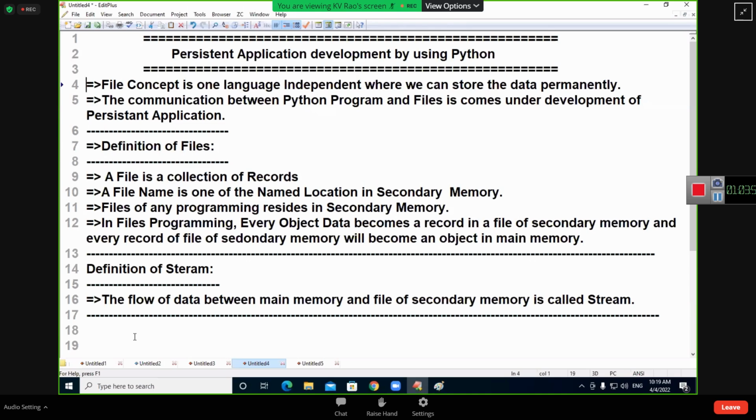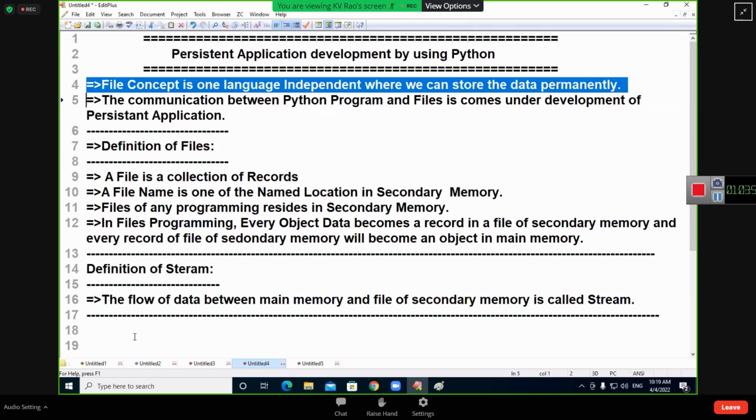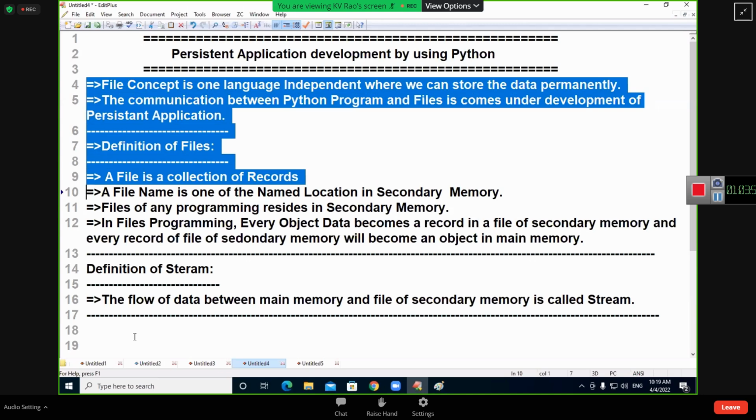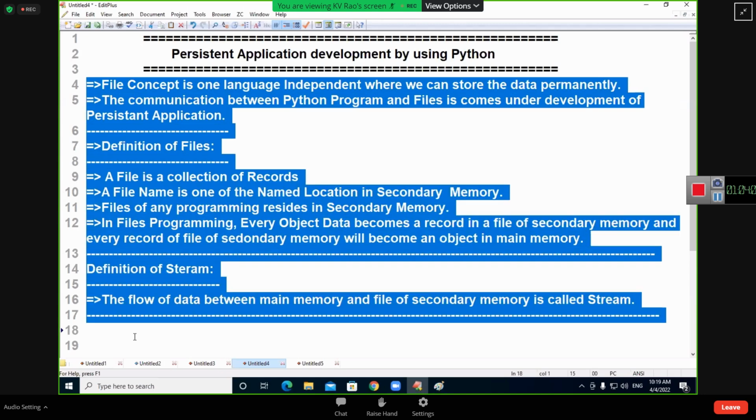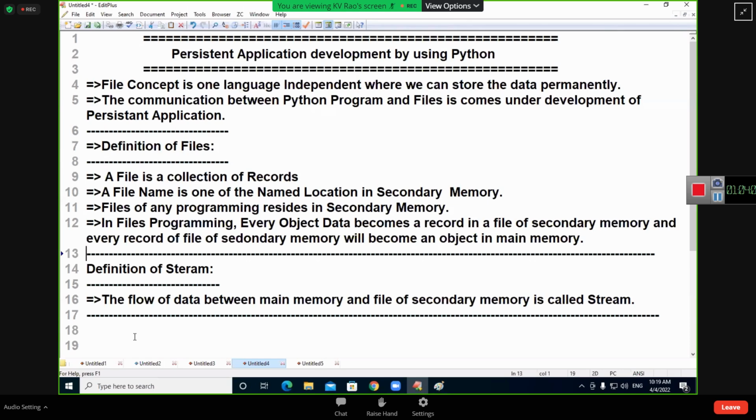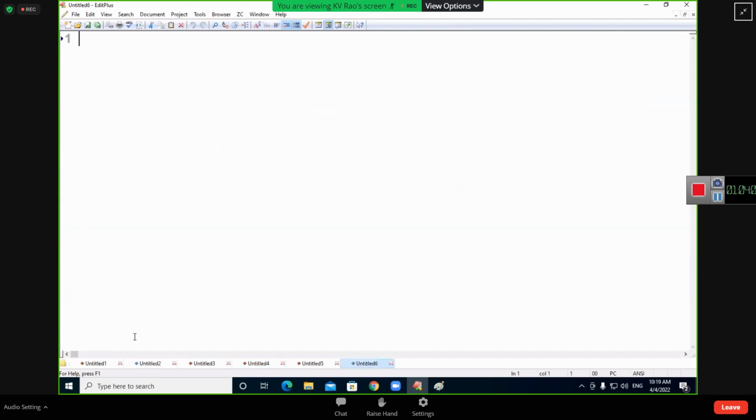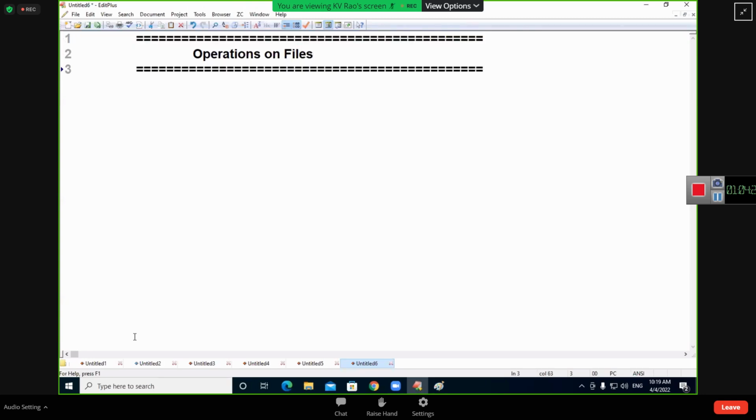I have explained the files concept, the definition of files, and the definition of stream. Now it is time to go for operations on files. I am going to explain operations on files. So let us talk about operations on files. Very simple.